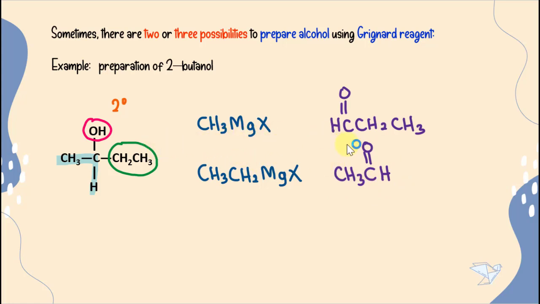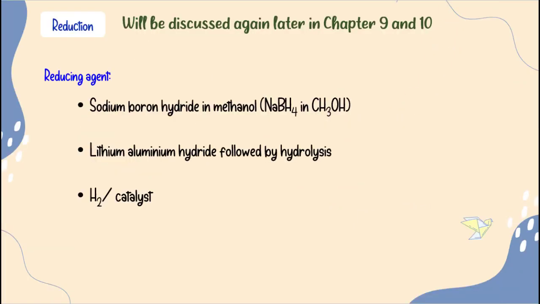There are two possibilities to form 2-butanol via Grignard reagent. The first one is if we have CH3MgX as our Grignard reagent, so this is our aldehyde. If we use CH3CH2MgX as our Grignard reagent, this will become our aldehyde.